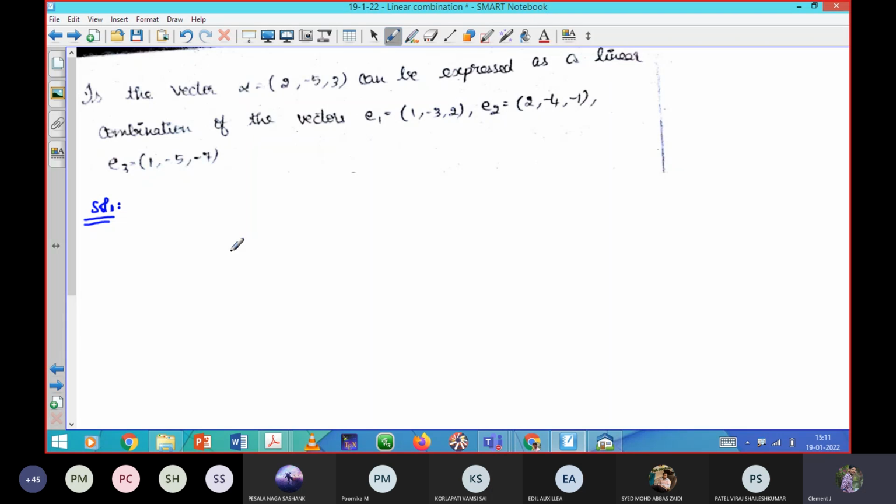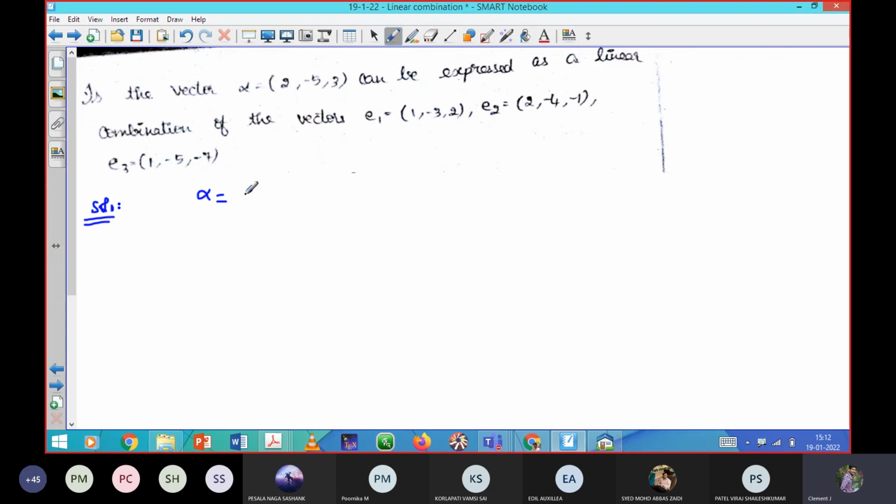See here in this problem, just read the question carefully. Can the vector be expressed as a linear combination of these three vectors e1, e2, e3? That means alpha equals, okay, that is defined as alpha. Any guess how they expect you to write it? Anyone can predict? X1 E1 plus. Very good.